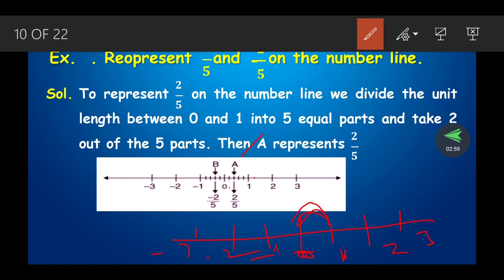As 2 by 5 is a positive rational number, we have taken right side part of 0. For representing minus 2 by 5, what we have to do? We have to take the left side part of 0.